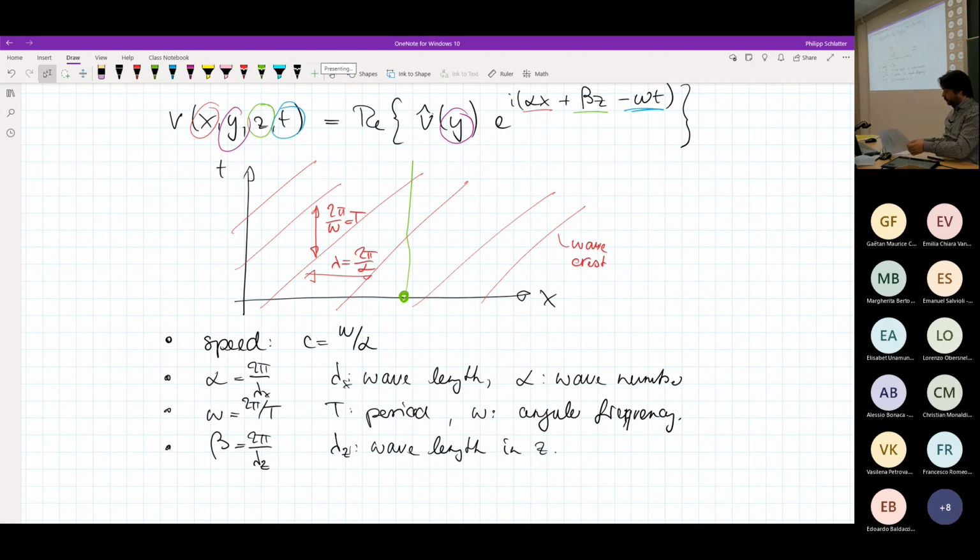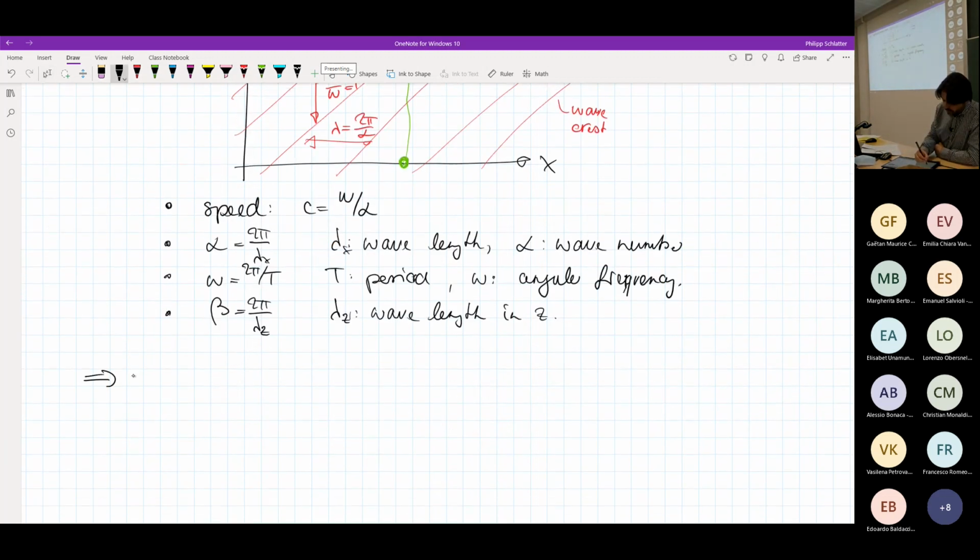So what I can do now is substitute the wave ansatz into the evolution equations.